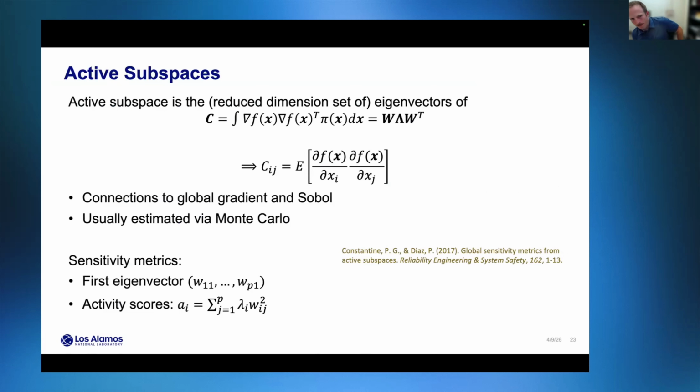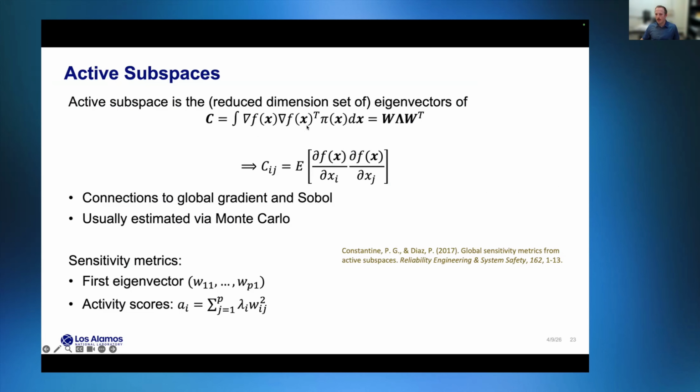The active subspace is typically used for dimension reduction for a computer model. So if I have my model f of x and I get the gradient of f of x and take the outer product of the gradient with itself, that makes a matrix, right?